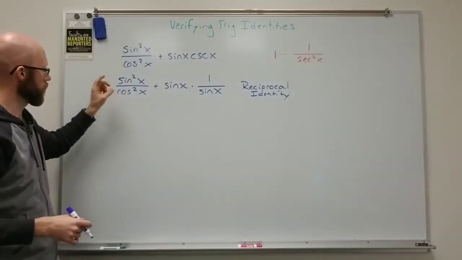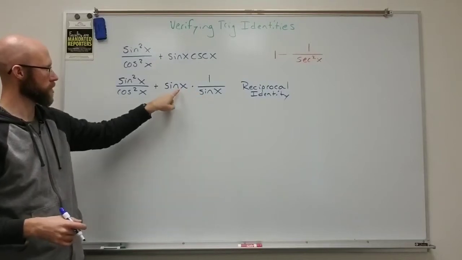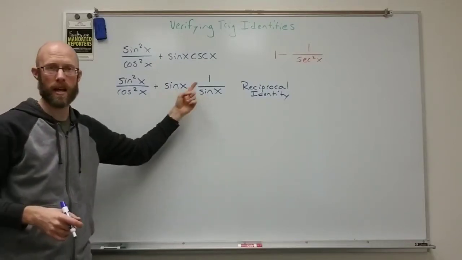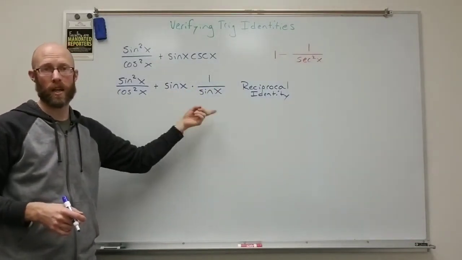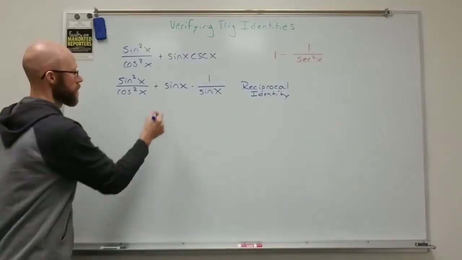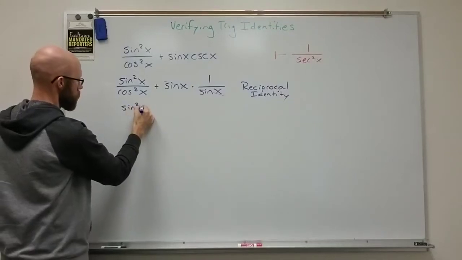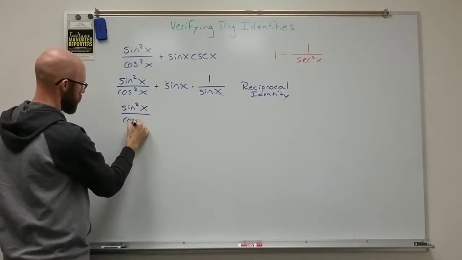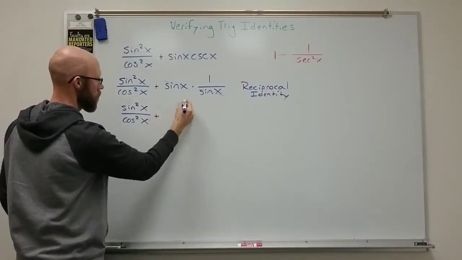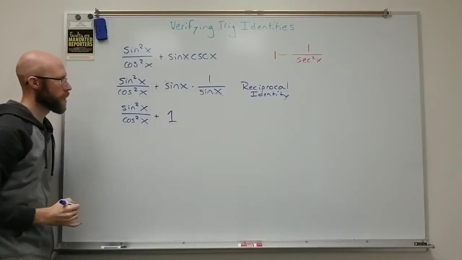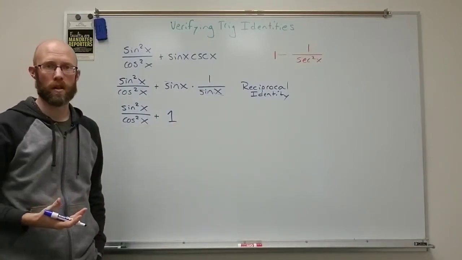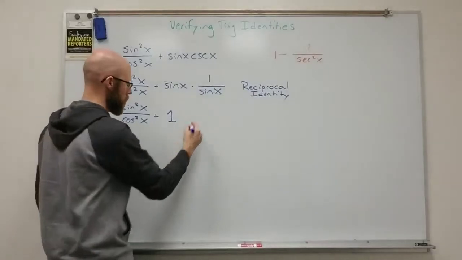My next step here, I notice that I have a sine on top and a sine on the bottom, right? Sine times 1 over sine, they cancel and give 1, right? So these sines cancel out, so I have sine squared x over cosine squared x plus, well, that'll just be a 1. And that's just reducing common factors, right?